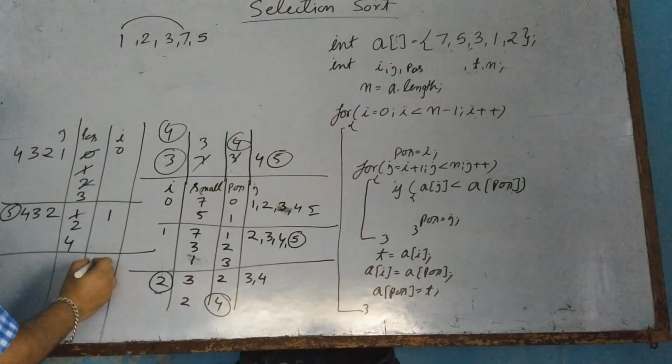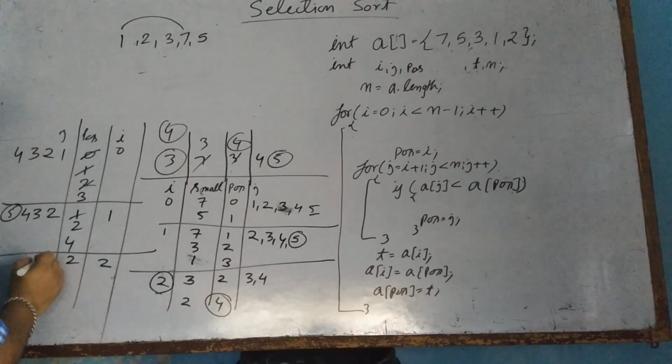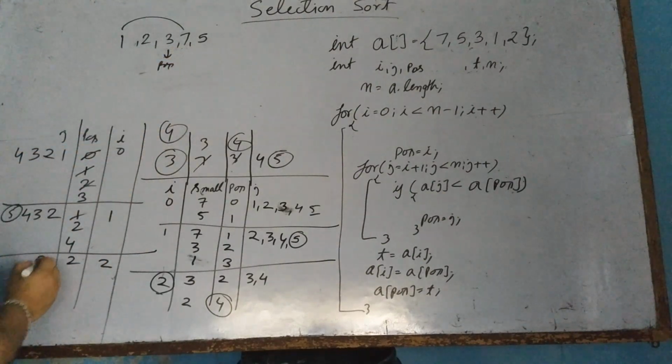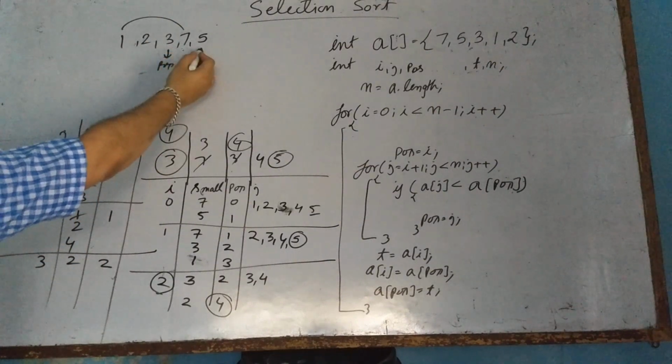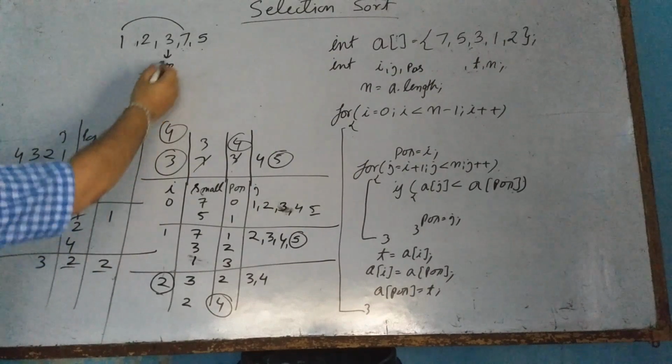Then for I as 2, POS will become 2, and J will start from 3. Is the number at 3 less than POS? No. Is the number at 4 less than POS? No. So POS is not changed; it will remain here only.